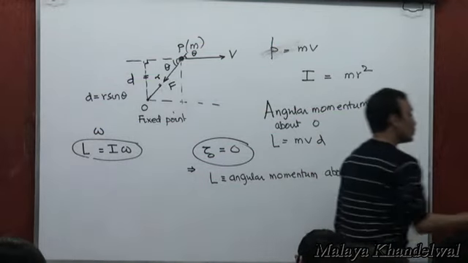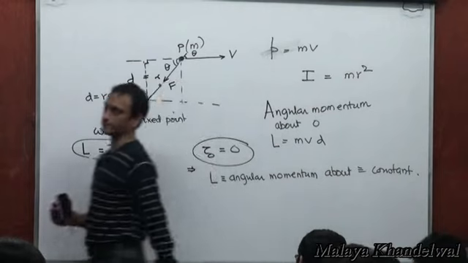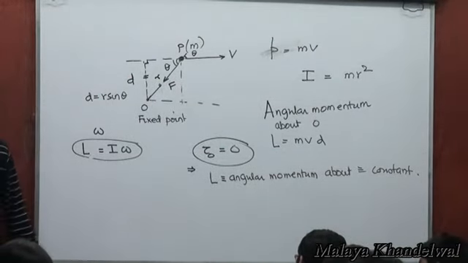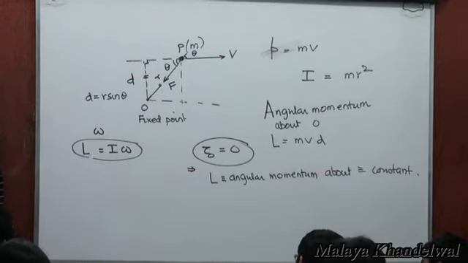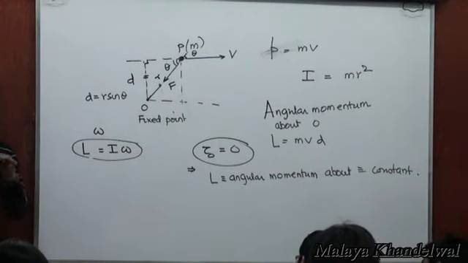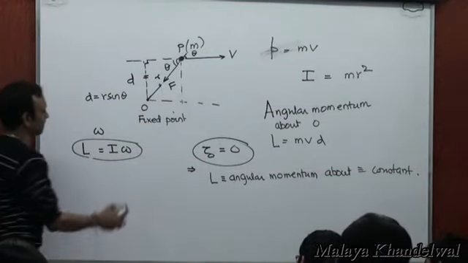So now, with this background in place, we'll quickly look at the downright basics of elliptic motion of particles or bodies around a fixed gravitating mass, right?